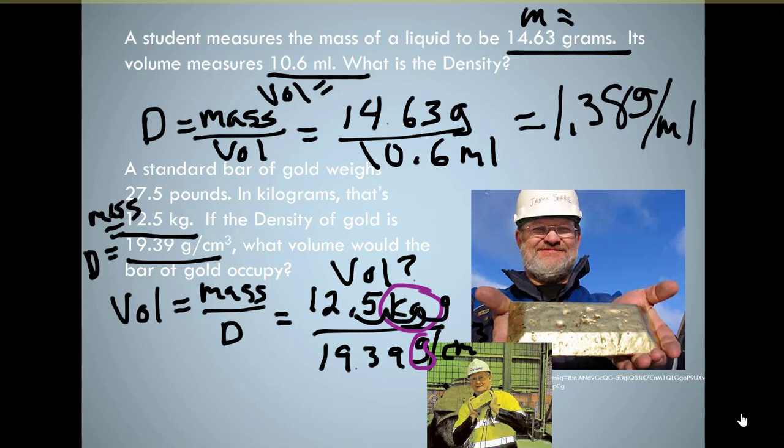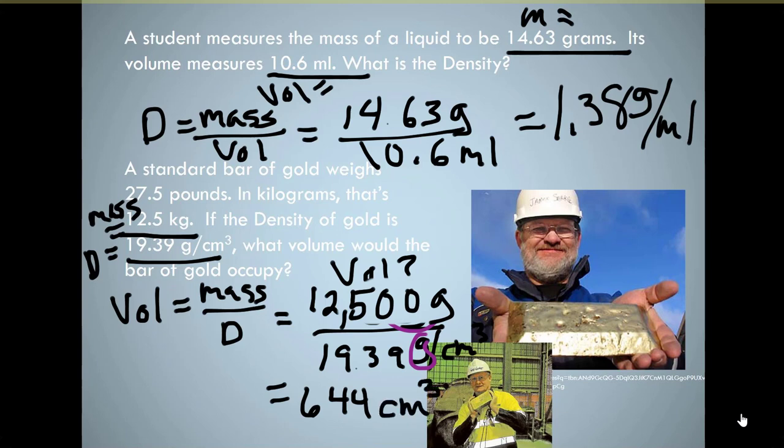So this would give me, let me just erase this here. All right, so this many grams. So for the volume, let's go ahead and put it into our calculator. And we get 644 cubic centimeters. Your cubic centimeters is in the denominator, and when we divide, it becomes the numerator.